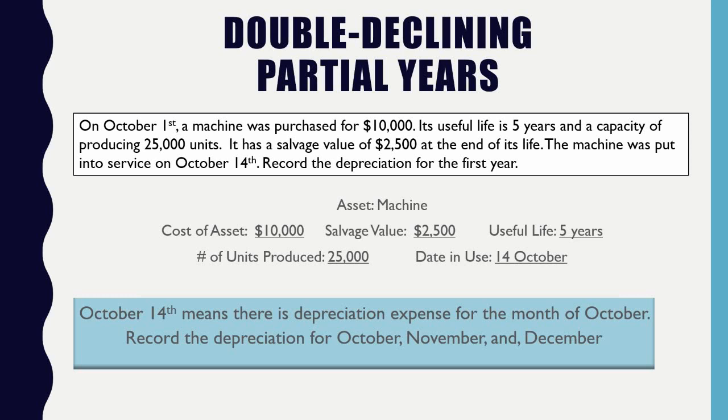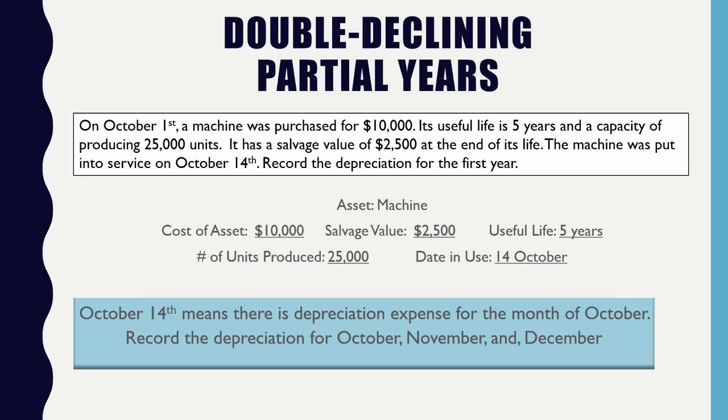So, because I'm starting on October 14, how many months am I actually going to depreciate it for the first year, assuming that the year is from January to December? 3. Yes, because why is that? Someone explain to me why it's 3. Because October 14 is not after 15.